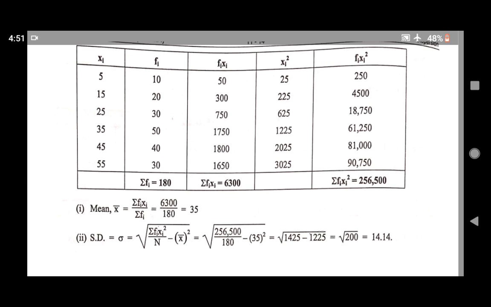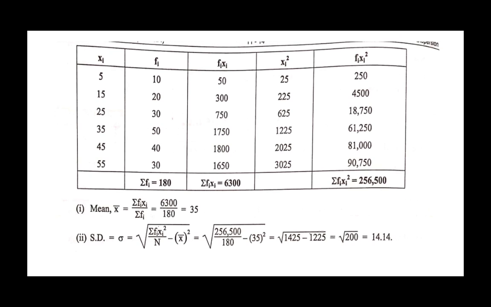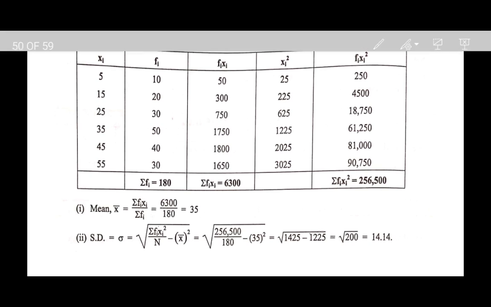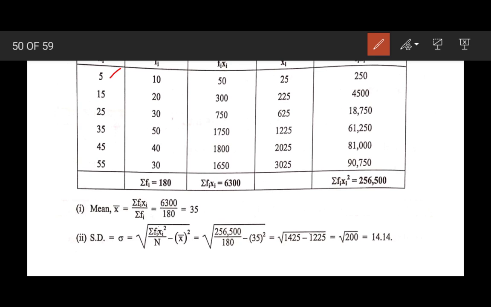So after identifying the data, the next step is to prepare a table. First column x values, then second column f values. Now the first step is to find the mean, x bar. For grouped data, x bar is summation of f into x upon summation of f.